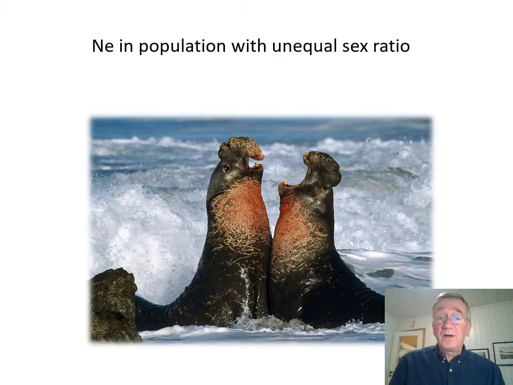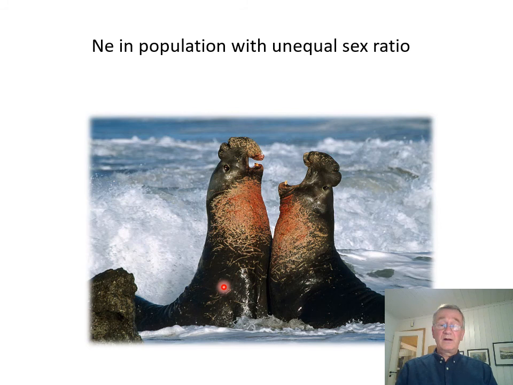Just a short example of how Ne, the effective population size, is very different from the census population size when we are looking into demographic data. For instance, these sea lions are examples of a huge population, and there are maybe 50% males in this population, but only a few of these males actually breed.